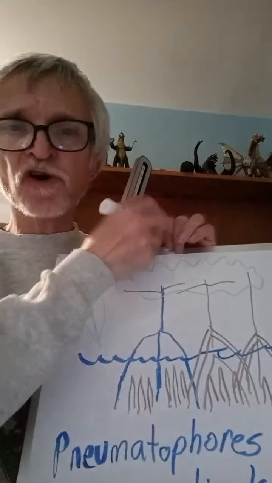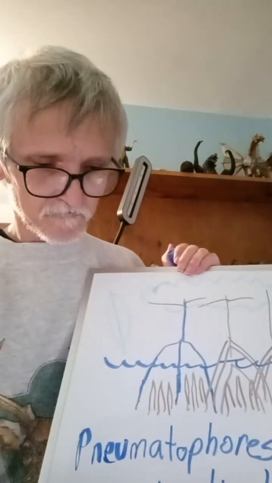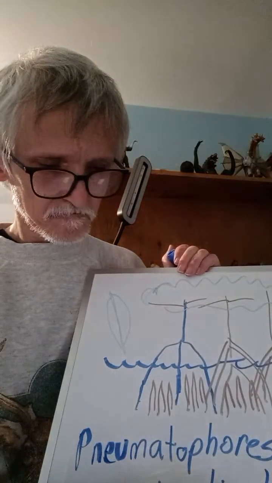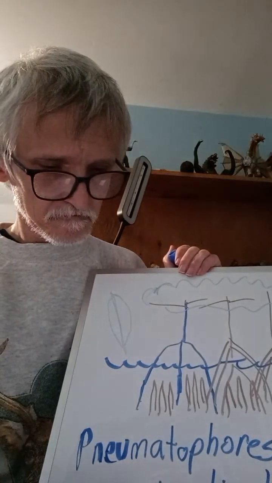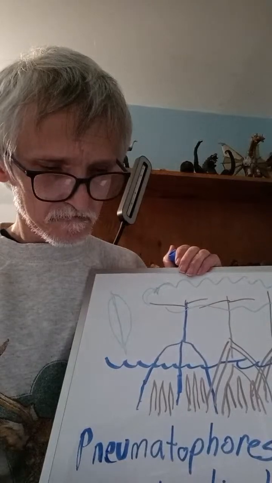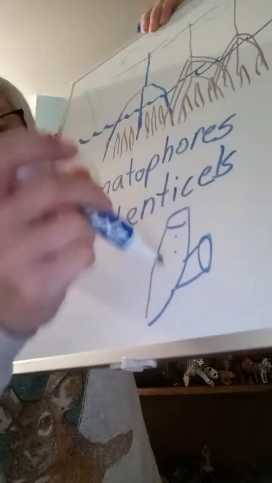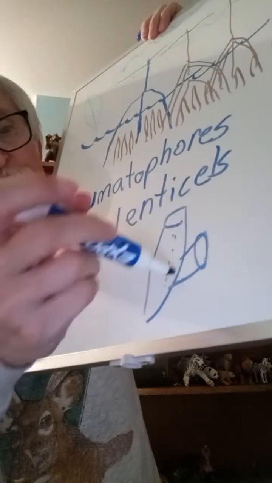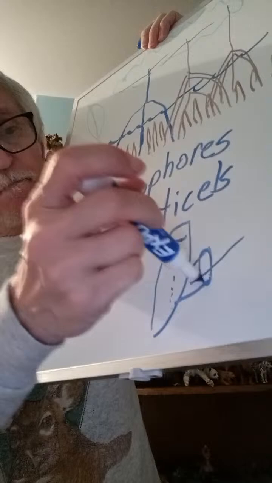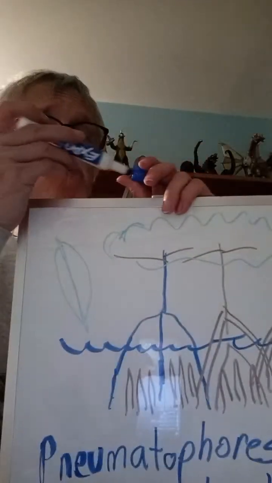My kooky drawings again. They look a little bit like that. They take in the water, they filter it, remove the edible parts, and then they squirt the water out.